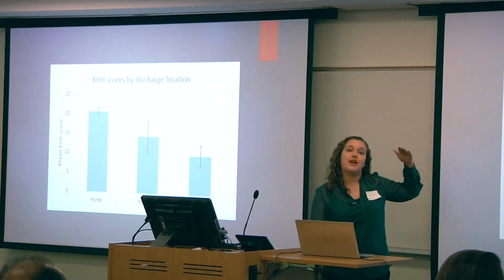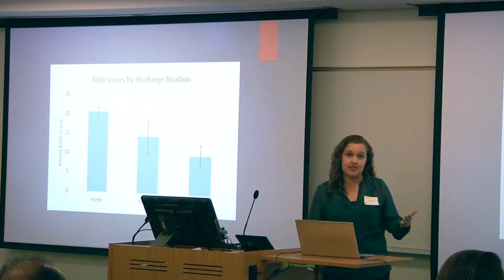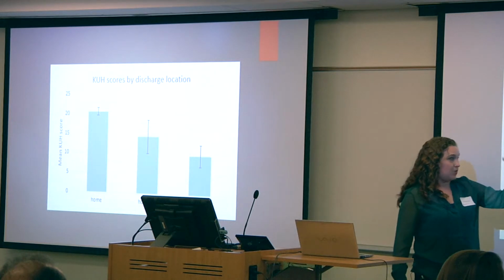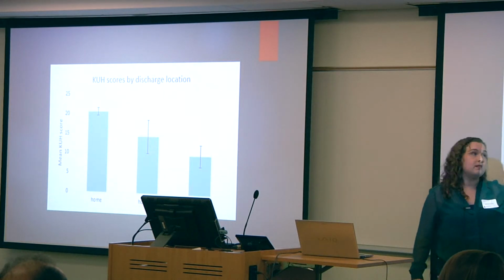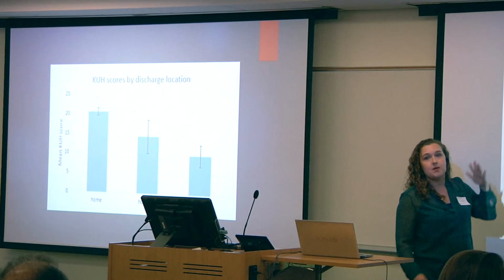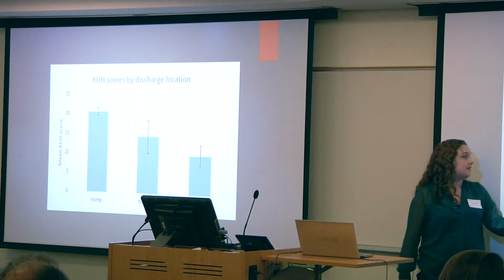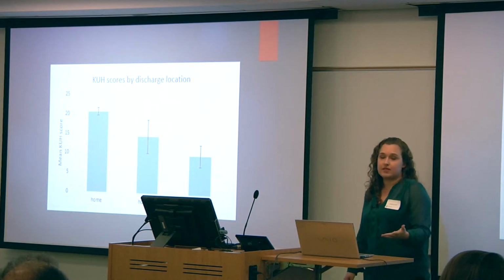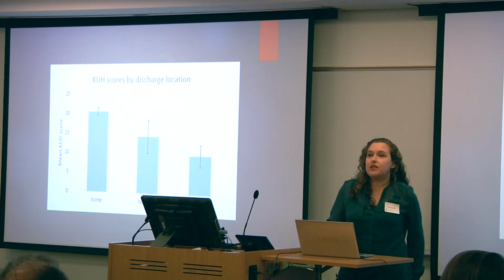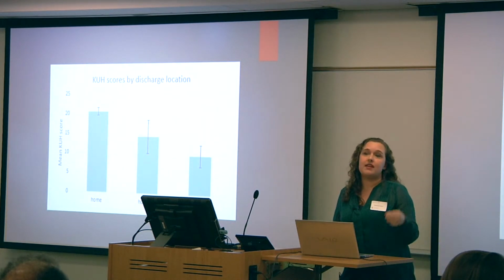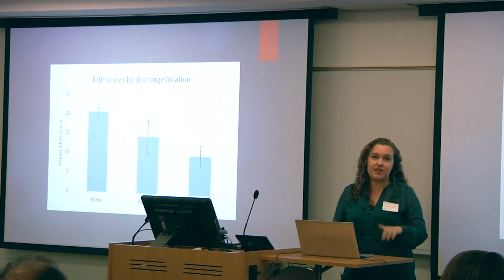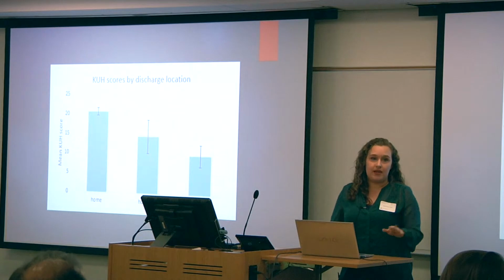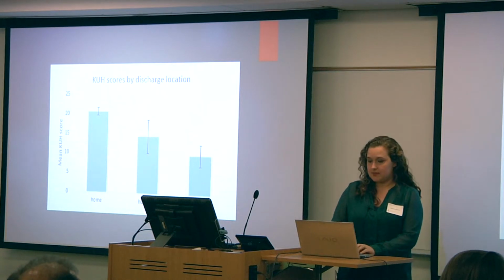You can see a trend, which is what they were expecting to see, that people sent to subacute rehab were lower functioning overall than people who were sent home, but statistically, only the ones sent home without physical therapy were significant. I did not use an acute care setting in my data analysis because I only had one patient available that was sent to acute care, so I decided not to include them in the data analysis.